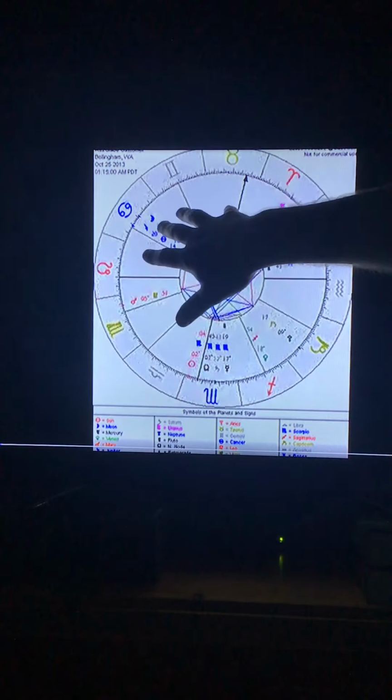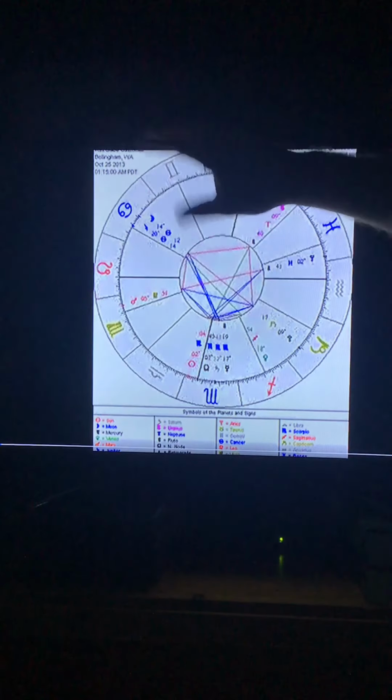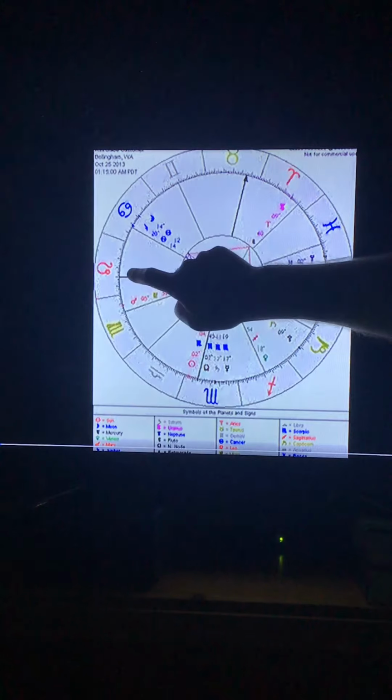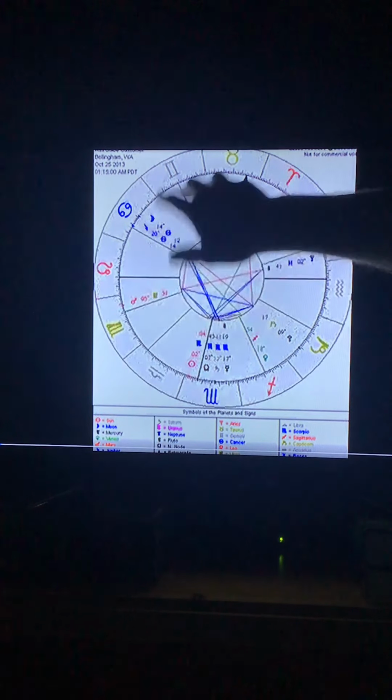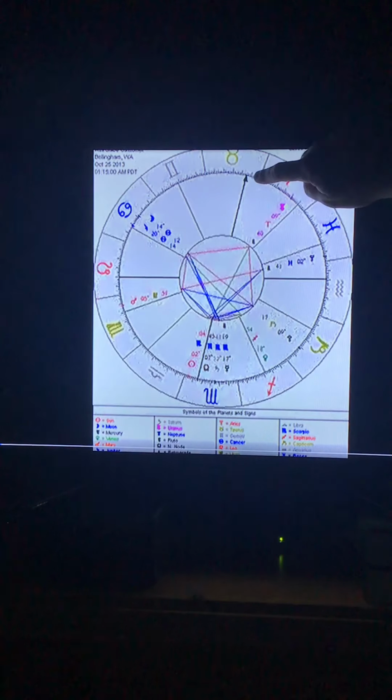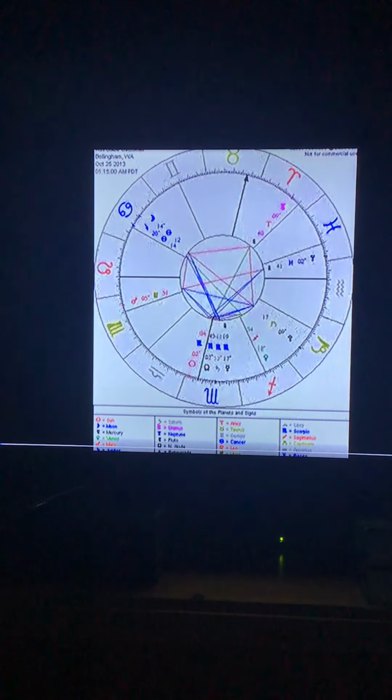This line right here, I should have started with this, represents our equator. As we rotate, all these planets rise over our eastern horizon. That will be known as your ascendant or rising sign, and they rise up in the sky till they reach that point right there. That is known as the midheaven, and it's the highest point in the sky.